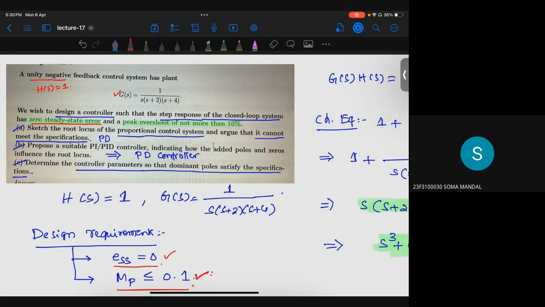That means peak overshoot not more than 10%, less than a value of 0.1. Is this clear? Any doubt? These are our aims.